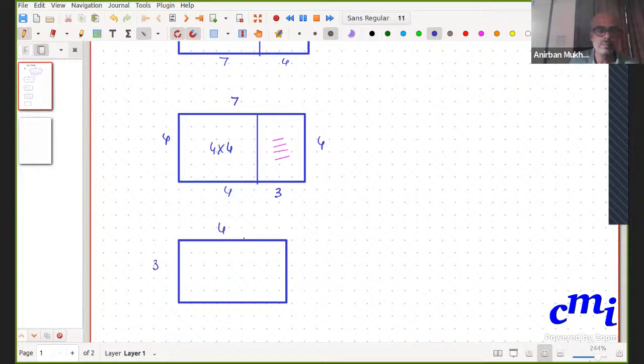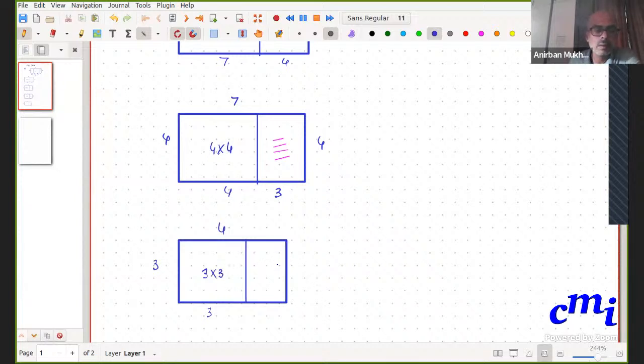Oops, this is so bad. And then again, we can fit a 3 cross 3. So this is 3 cross 3.